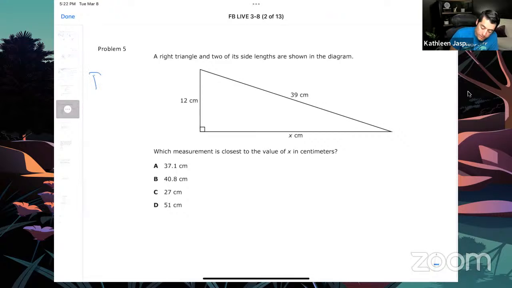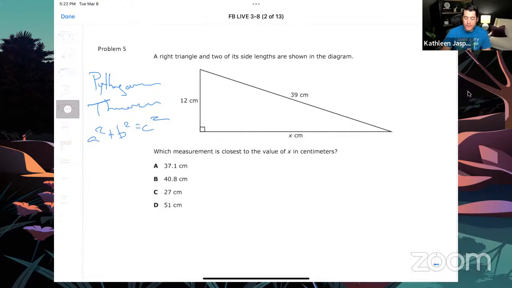We do the old infamous Pythagorean theorem, which is a squared plus b squared equals c squared. I'm pretty sure this is on formula sheets, but this is something that you should know. The sum of the squared sides is equal to the squared hypotenuse.